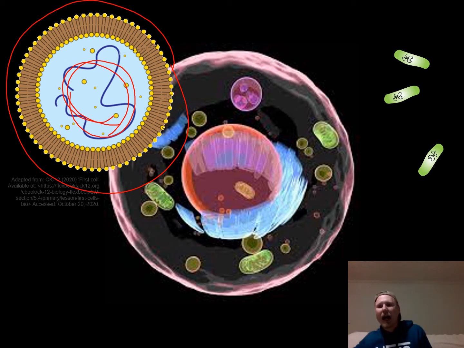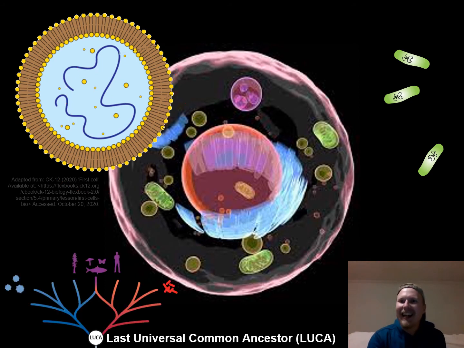There is no doubt that there were many different kinds of early cells of this kind. However, scientists tend to share a view that only one early cell or a group of cells was responsible for eventually giving rise to all subsequent life on Earth. And we call that cell the last universal common ancestor, LUCA.